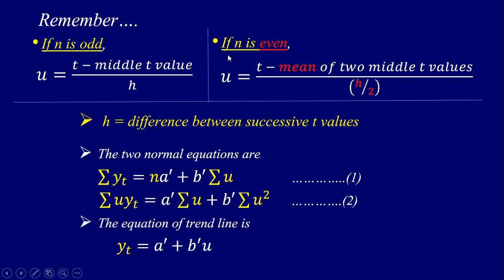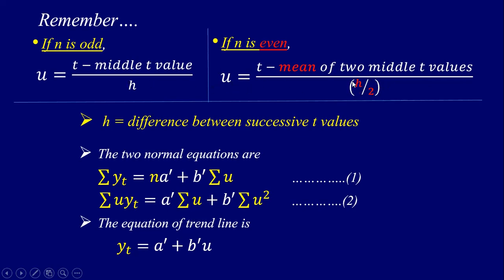And the second thing to remember: if n is even, then we cannot get a single middle value. There are two middle t values. So we take the mean of the two middle t values and we use this formula: u is equal to t minus the mean of two middle t values upon h by 2.